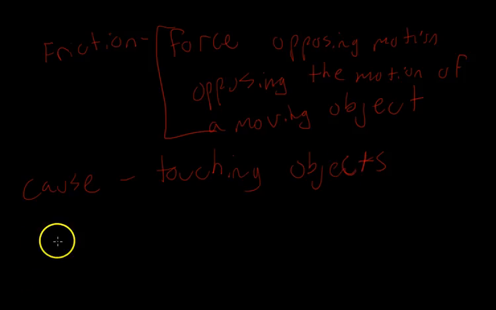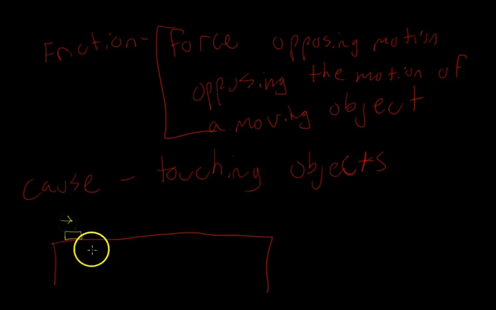So then what can we say with respect to a sliding object? Let's just draw a little diagram here. If we have this table here and we have a sliding object, like let's say your physics book, and I'm going to make it a little more realistic and have it actually be touching the table. Let's say it starts moving this way.